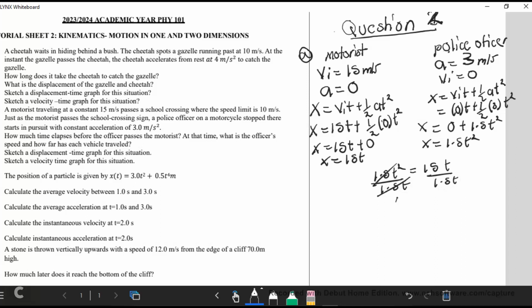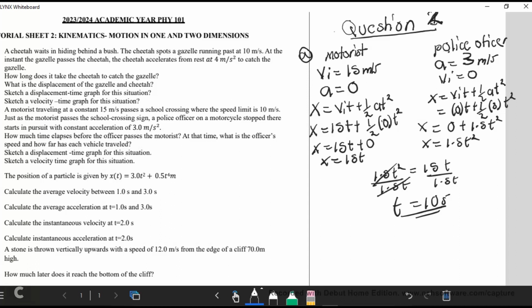What you're remaining with is t. So t is equal to, when you divide there, you will find the answer to be 10 seconds. So meaning that for the police officer to catch the motorist, it took 10 seconds. So that is the first question there.